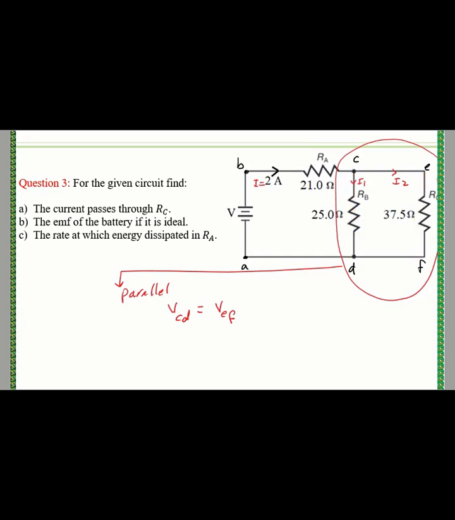Now, the voltage through CD is I1 RB in this branch. The voltage through BEF is the current here through RC, so I2 RC.